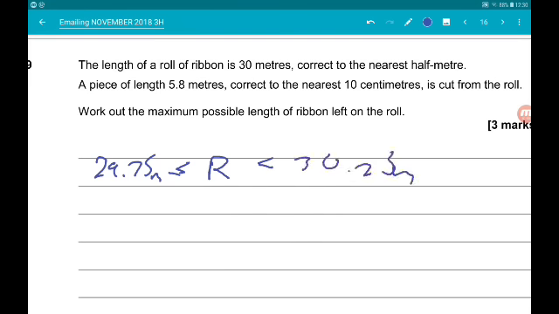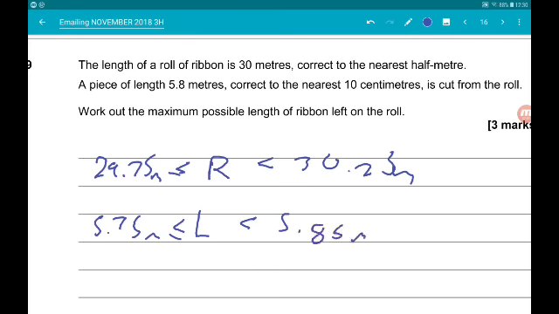Now let's see the piece cut off, let's call it L. So that's 5.8 meters, correct to the nearest 10 centimeters, so that's to the nearest 0.1 meter. So the lower bound for that is 5.75. The upper bound is 5.85.